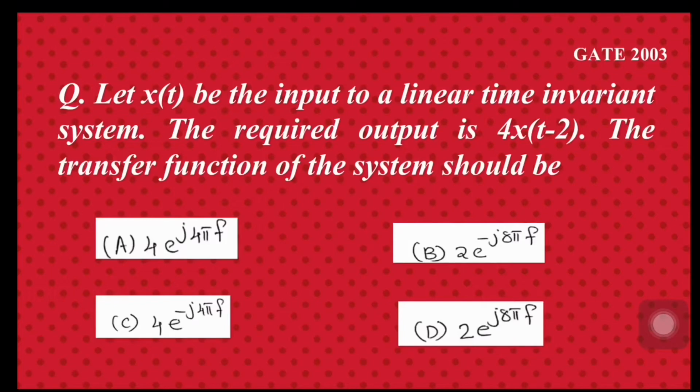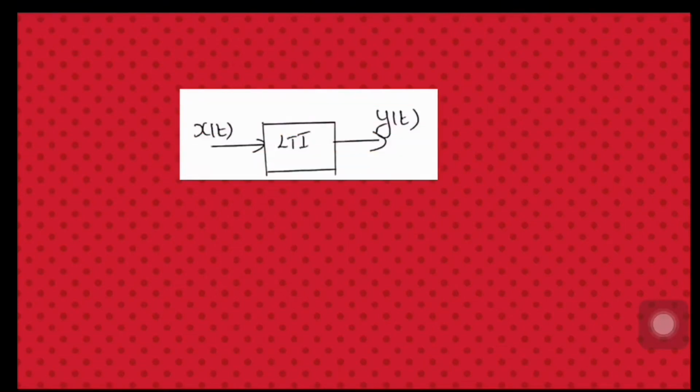Do you know what is an LTI system? Any guess? Alright, a system which satisfies linearity and time invariance properties is known as an LTI system or a linear time invariant system.